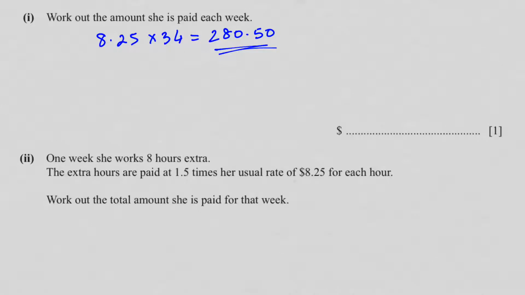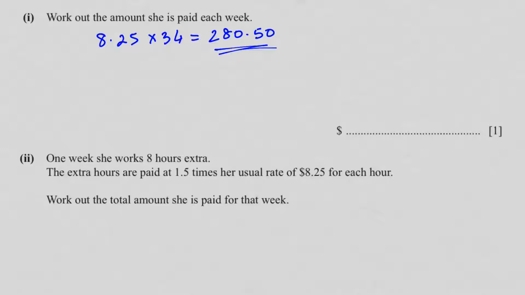In C2, 1 week she works 8 hours extra. The extra hours are paid at 1.5 times her usual rate of $8.25 for each hour. Work out the total amount she's paid for that week. Times means we multiply.